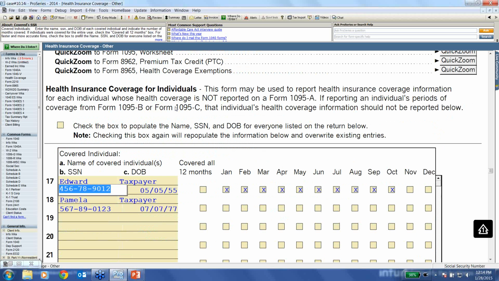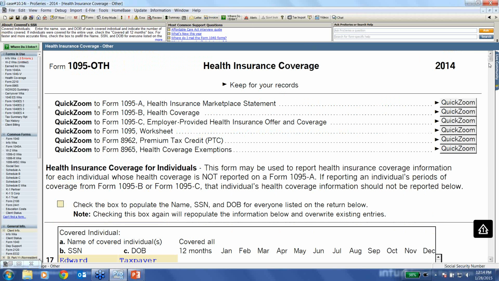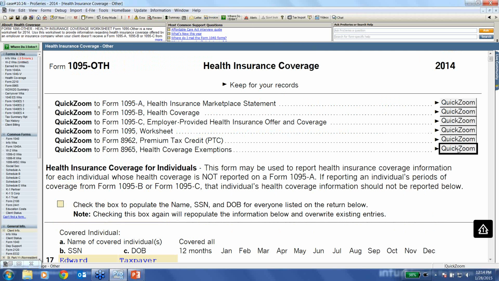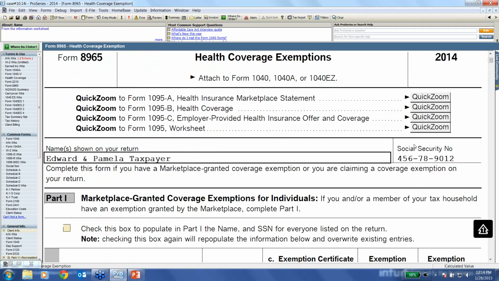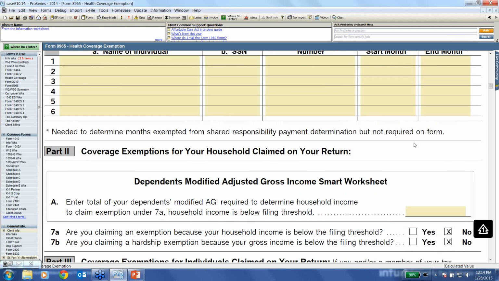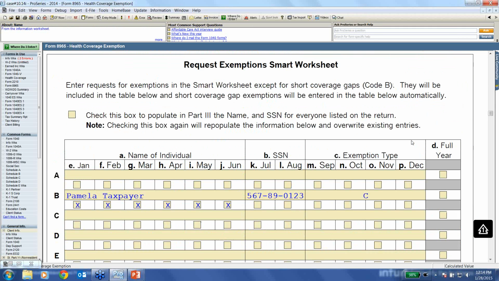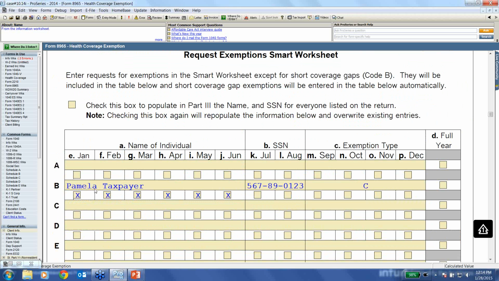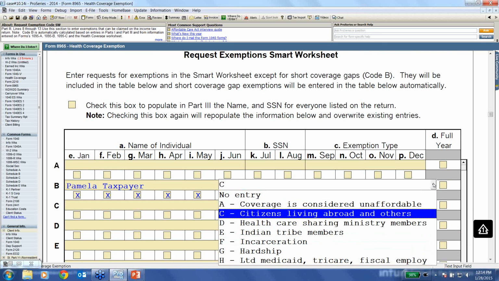And we'll say that Edward had coverage January through October. So he has a short coverage gap in November and December. Quick zoom over to the 8965. And we'll see, we want to punch in one for Pamela. We're saying for January through June, and we go to this pick list.